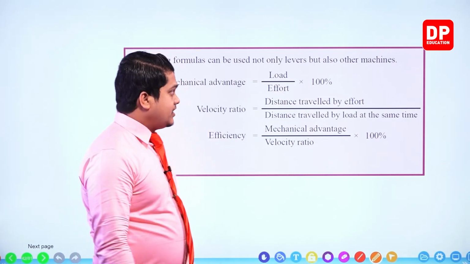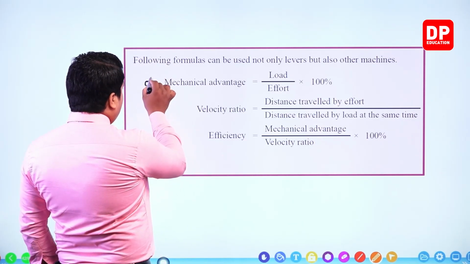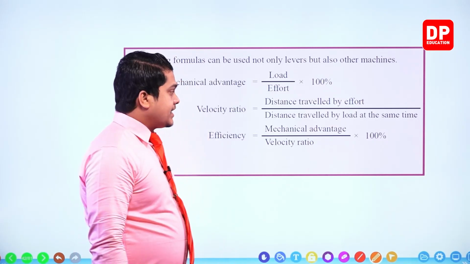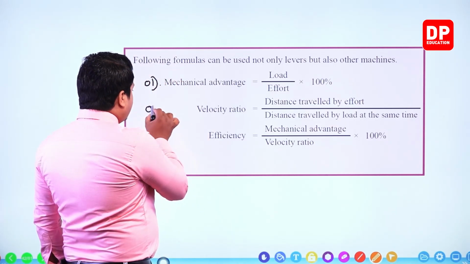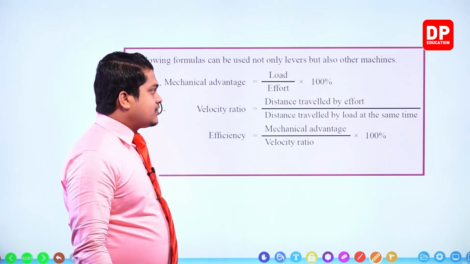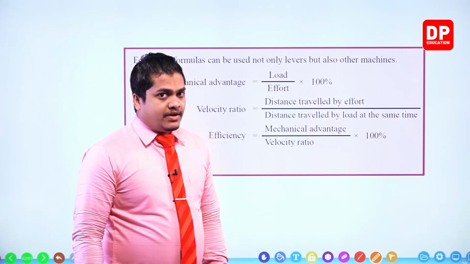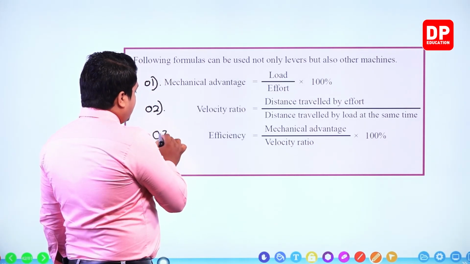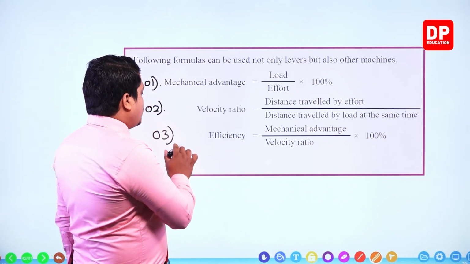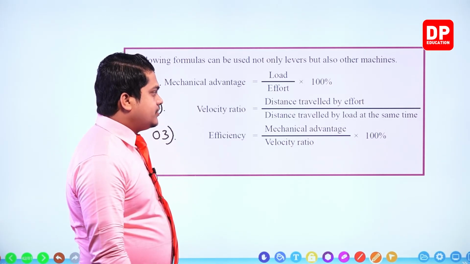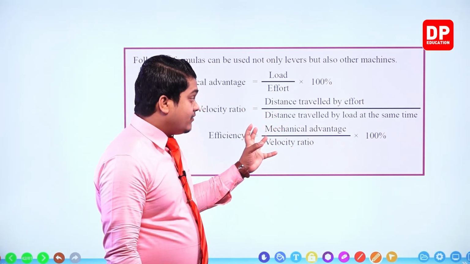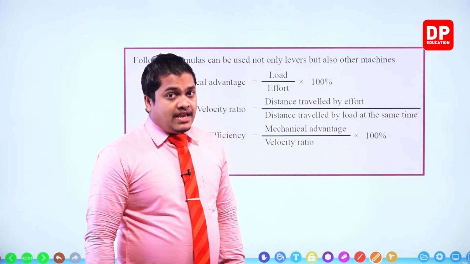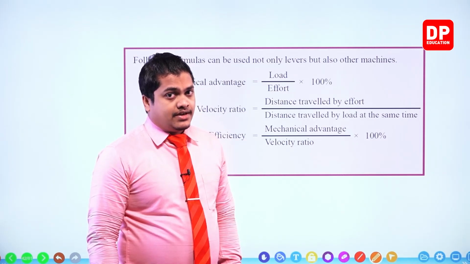Once again, let me remind you, my dear children. Number one, mechanical advantage is equal to load over effort. Number two, velocity ratio is equal to distance traveled by the effort divided by distance traveled by the load. Number three, efficiency is equal to mechanical advantage over velocity ratio multiplied by 100%, because efficiency is usually given as a percentage.